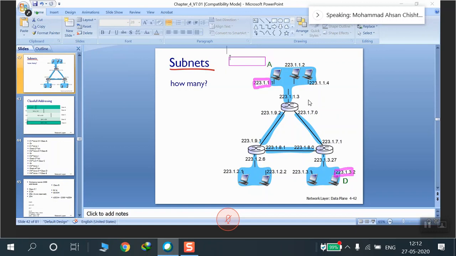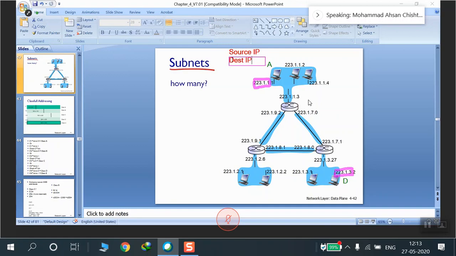The source IP address as well as the destination IP address. Then it passes on this packet to the data link layer. What does the data link layer do? Data link layer puts the source MAC address and the destination MAC address.